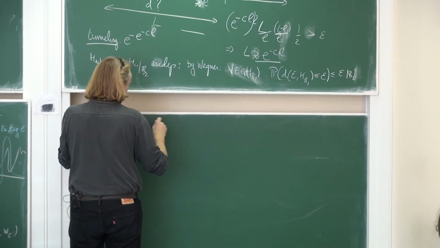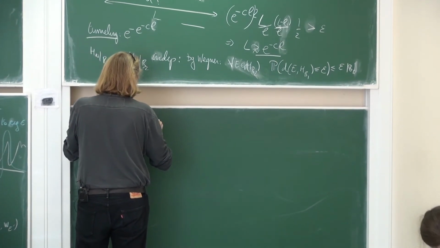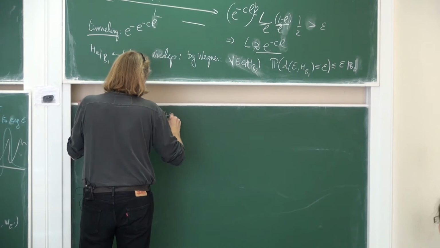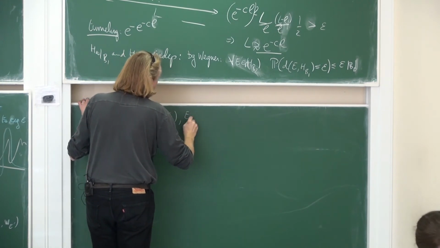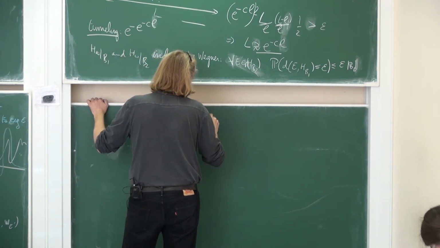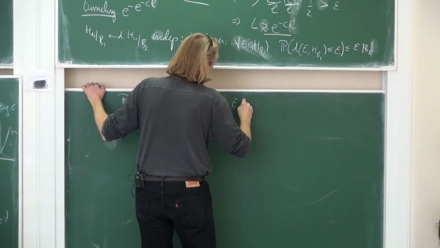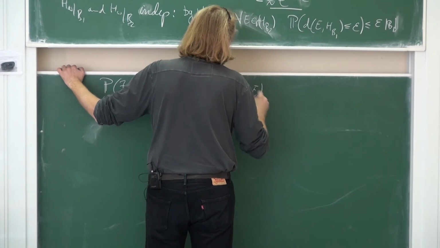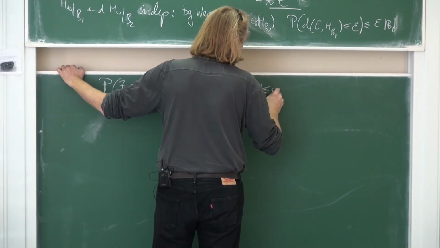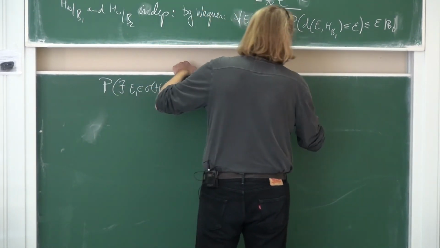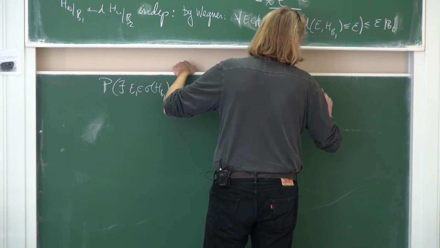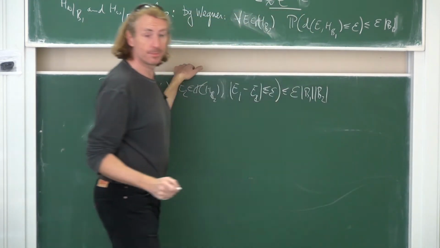Right? So, the probability that there exists an eigenvalue in the spectrum of the block 1 and an eigenvalue in the spectrum of the block 2 such that they are at a distance from each other less than epsilon is certainly bounded by epsilon times the volume of the block 1 times the volume of the block 2.